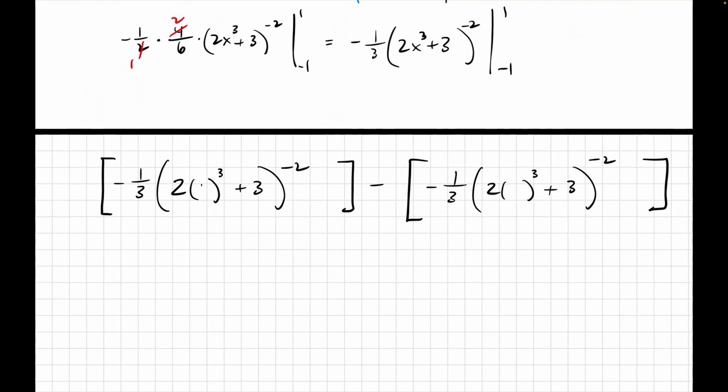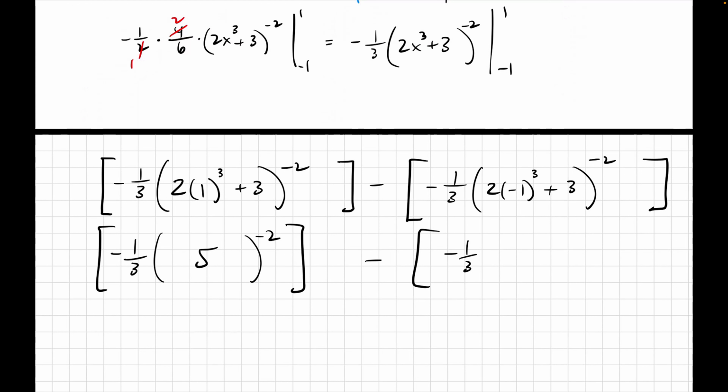So I'm going to plug in 1 and negative 1. Negative 1/3. That's going to be 5 to the negative 2 power minus negative 1/3 times 1 to the negative 2 power.